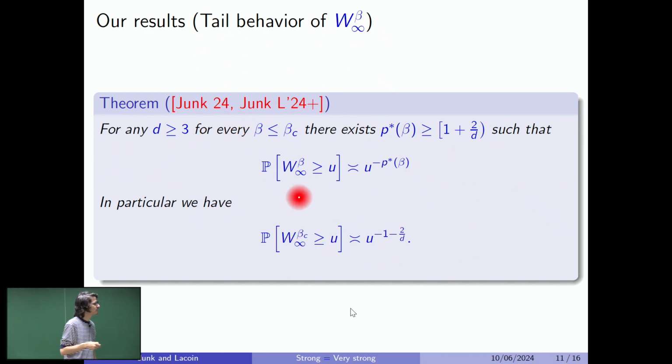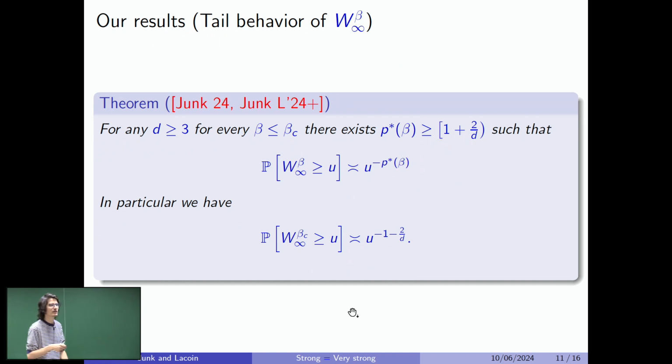And we have refined his results recently. What we can show is that if you look at the distribution of the partition function in the weak disorder phase, then it decays like a power. The tail is a power. And the exponent that you have is always larger than 1 plus 2 over d.